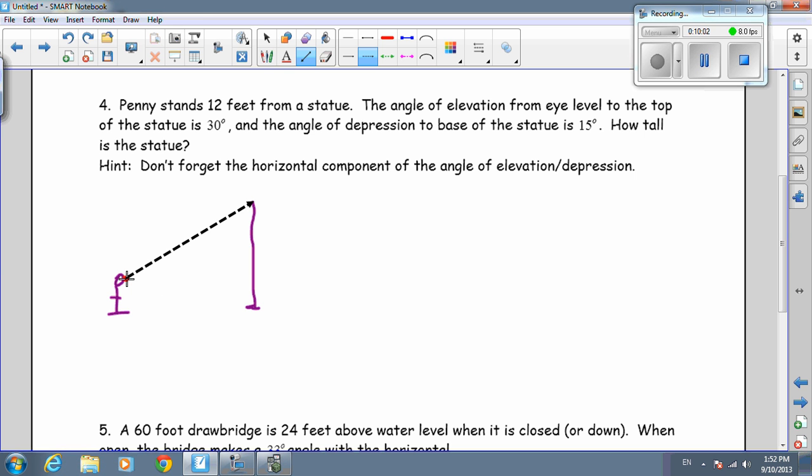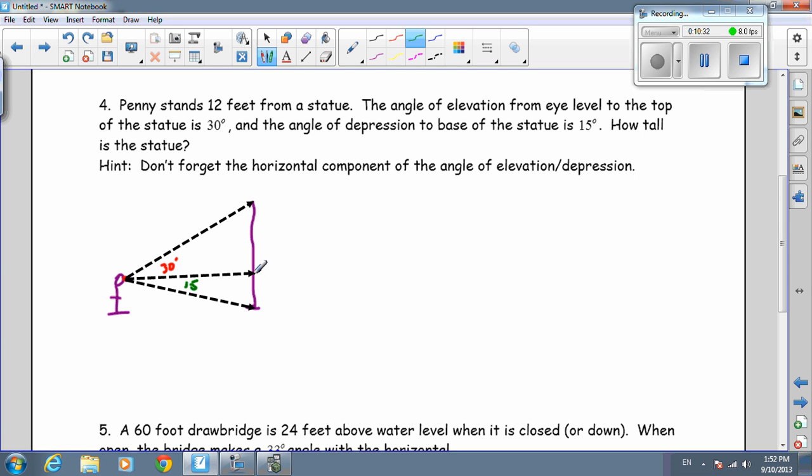And if you're looking for elevation, of course, we need the horizontal. So I'm graphing my horizontal as well. Now, this angle of elevation apparently is equal to 30 degrees. So I'll go ahead and call this 30 degrees. But the angle of depression is 15 degrees. So I need to graph as well my angle of depression to the bottom. And this is 15 degrees.